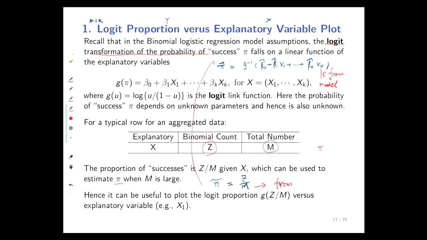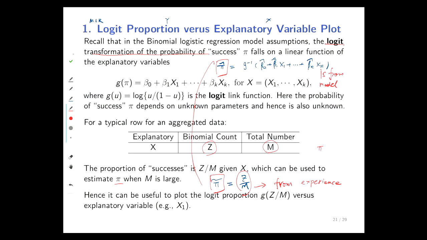You can consider it this way, because we use the proportion to estimate the probability. So maybe from experience. If the model is true, these two should be very similar, right? If the model is not good, these two are going to be very different.